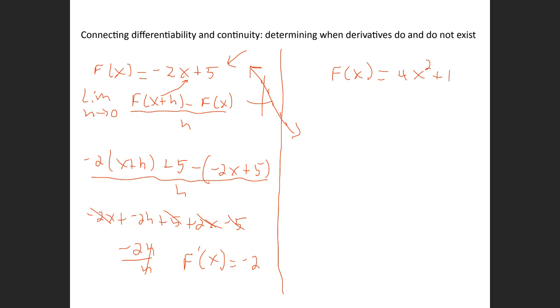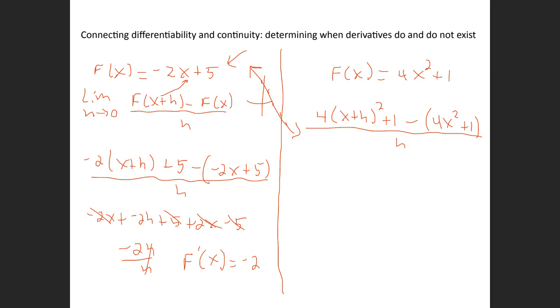All right, now the second problem. Again, I'm going to take the x plus h and plug it in for x squared. So I've got 4 times (x plus h) quantity squared plus 1, minus my 4x squared plus 1, all over h. Again, I probably wouldn't write the minus or the over h until I got to the bottom, but I'll put it in there.